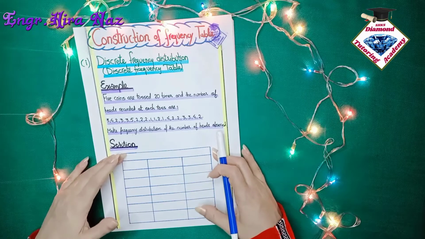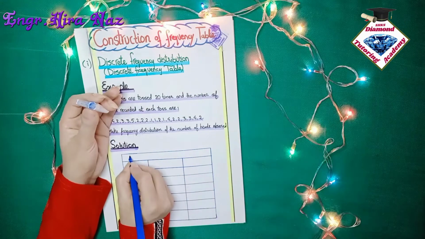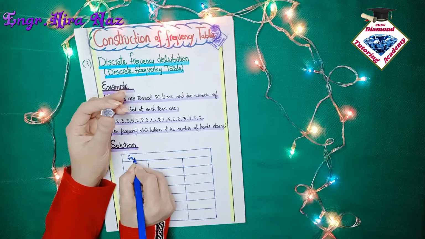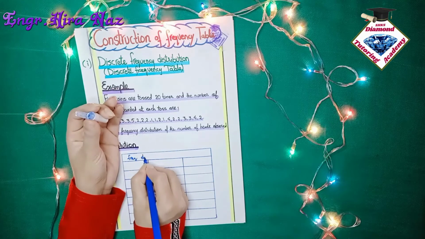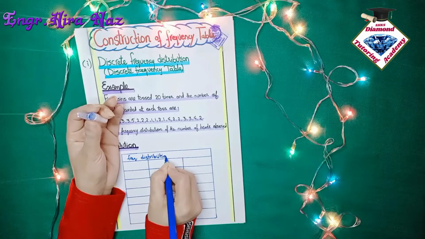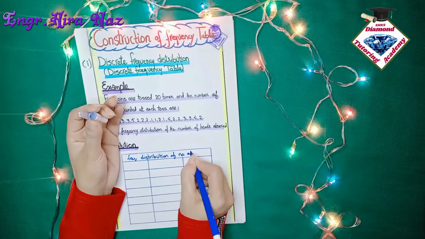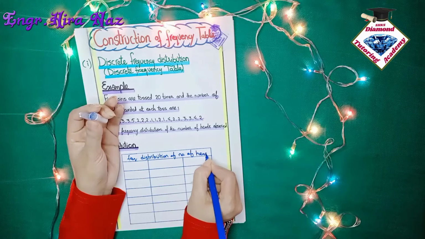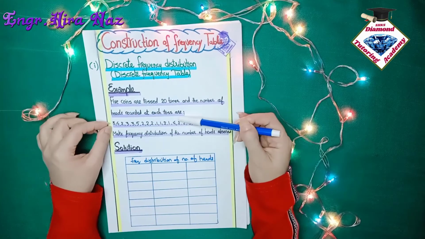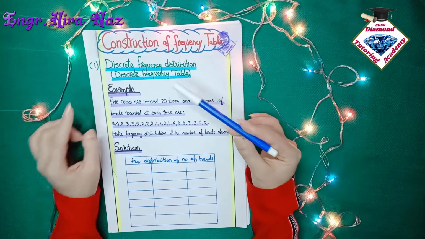So first we will name this table as frequency distribution of number of heads.